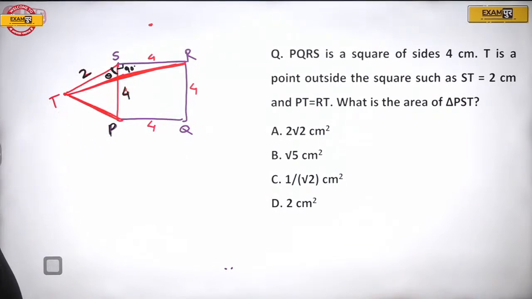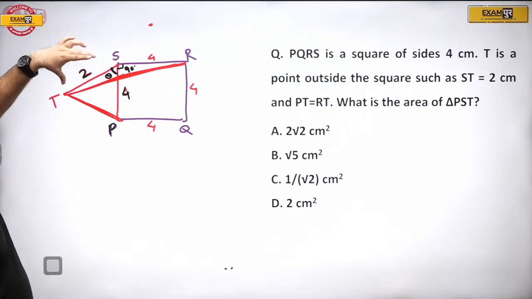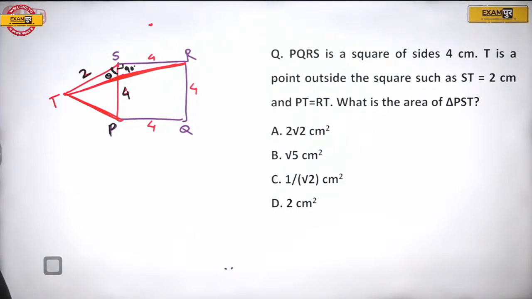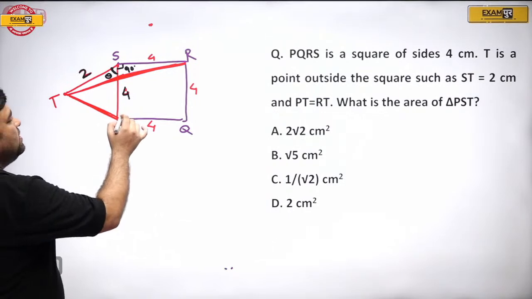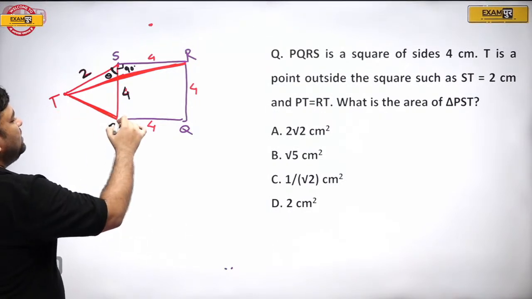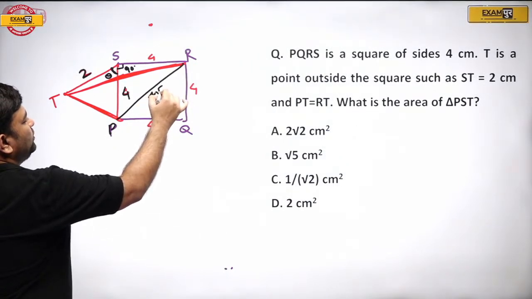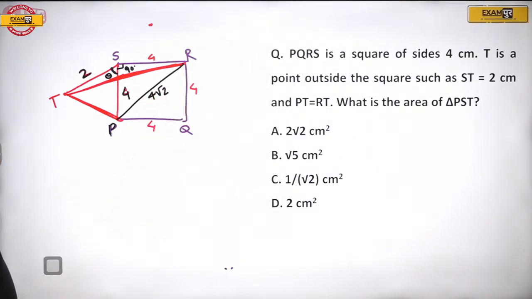That is not going to help us a lot. This is 2, this is 4, this is 90, this is theta. If you take the help of the diagonal as well, 4 root 2.